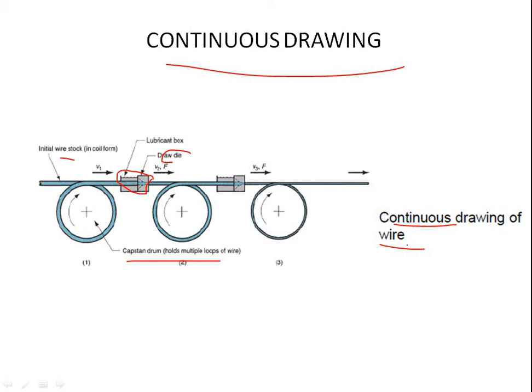For fine wires, reductions per pass of 15 to 25% are used, while for coarse wires the reduction per pass may be 20 to 50%. In the drawing operation, depending upon the metal and the reductions, intermediate anneals may be required to restore ductility. Okay, these are the things with continuous drawing.